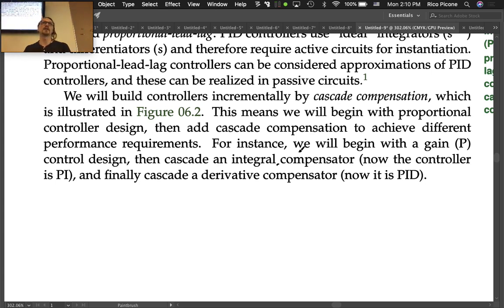Get some better transient response characteristics usually. Sometimes it'll also be there for just stability as well. If a root locus doesn't go to the left half plane, then you can use a derivative compensator to move it there. So, integral is focused on steady state error. Derivatives focus on transient or stability. Okay? All right.